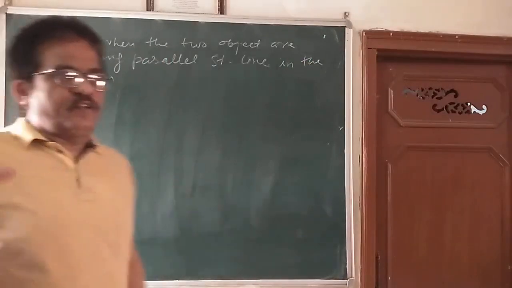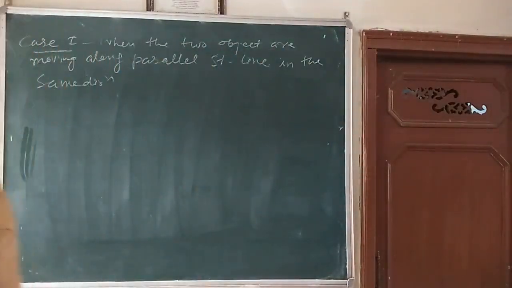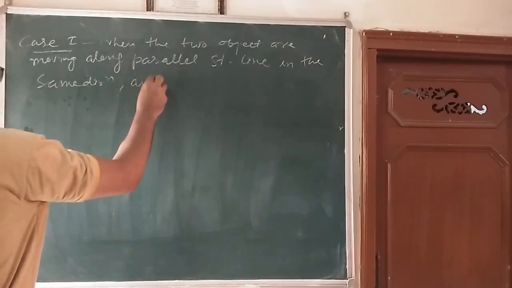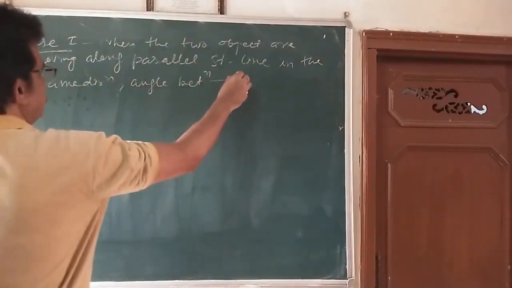I mean to say that we are taking here two objects, both going in the same direction. Is that clear? In that particular case, I can say the angle between them is 0 degree.